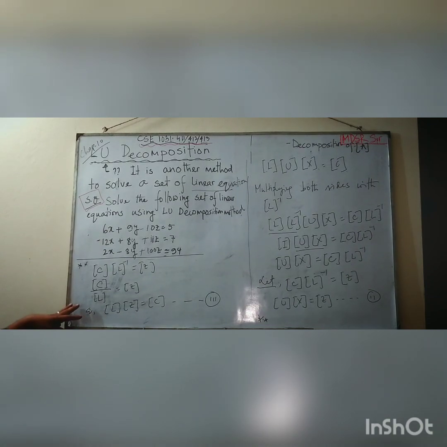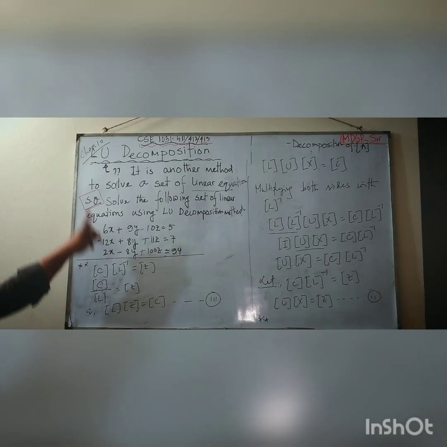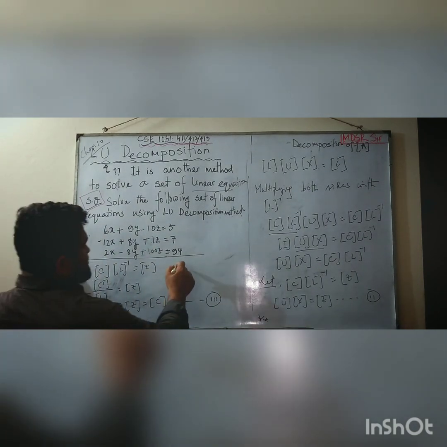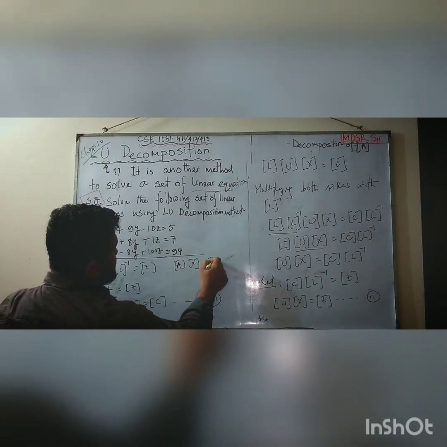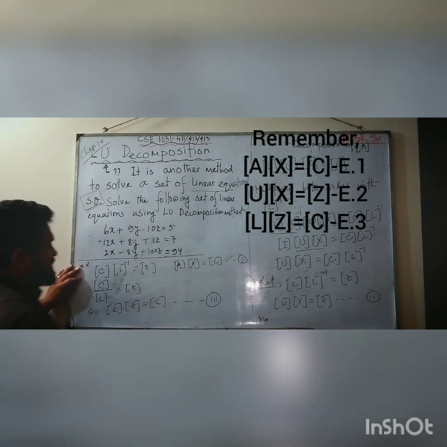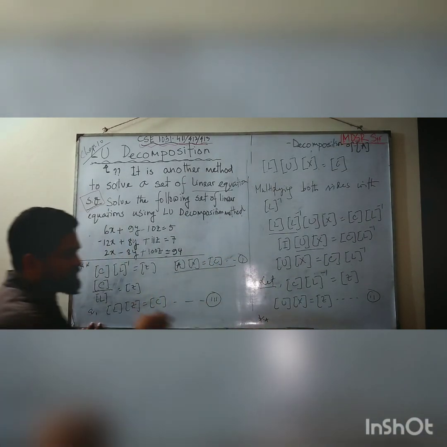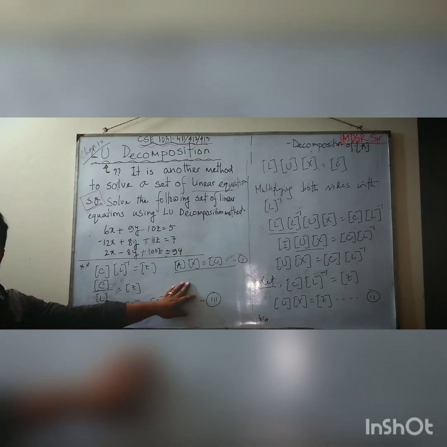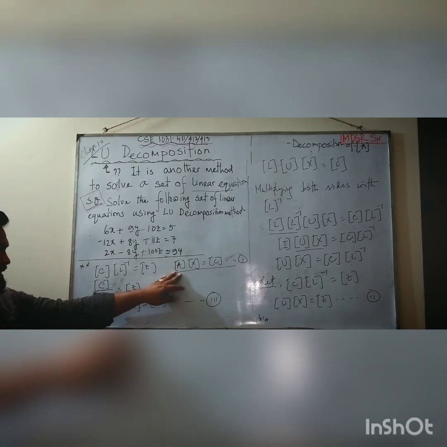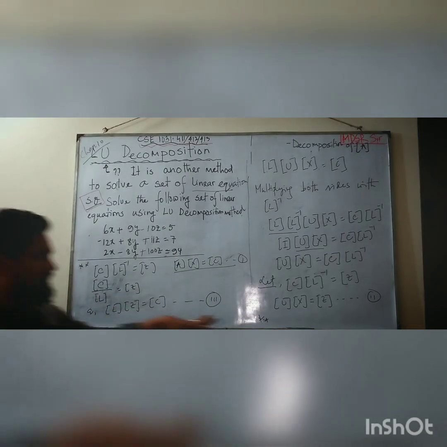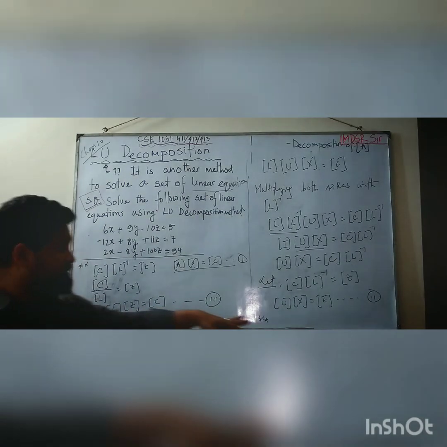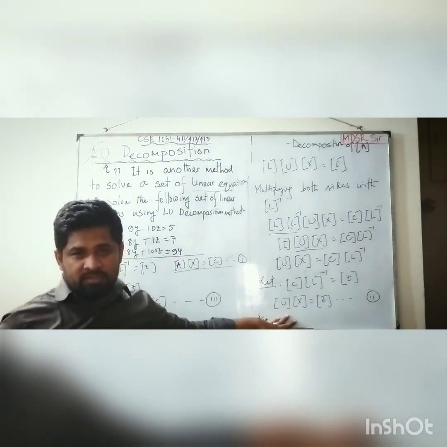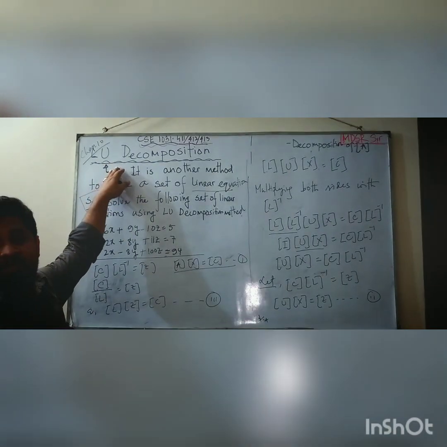So we really found two different equations from equation 1. Equation 1 was what? Equation 1 was A into X equal to C, right? That was equation 1. So from this setup, this is a fact for any matrices. From this very fact, we just derived two different equations. Why? Because we need to follow these two different steps to solve for unknowns using decomposition.